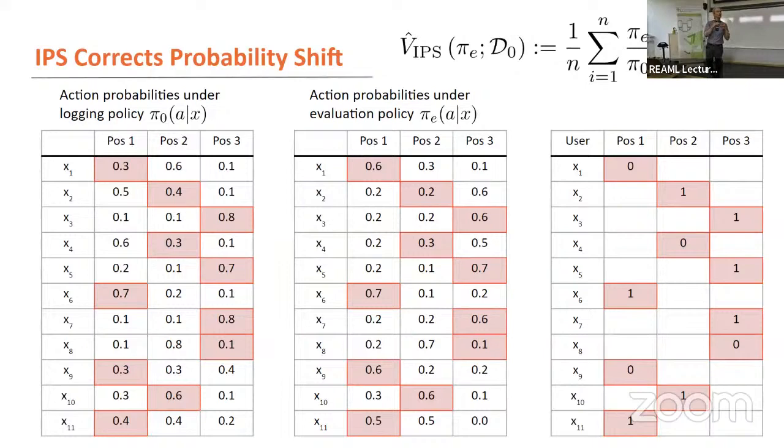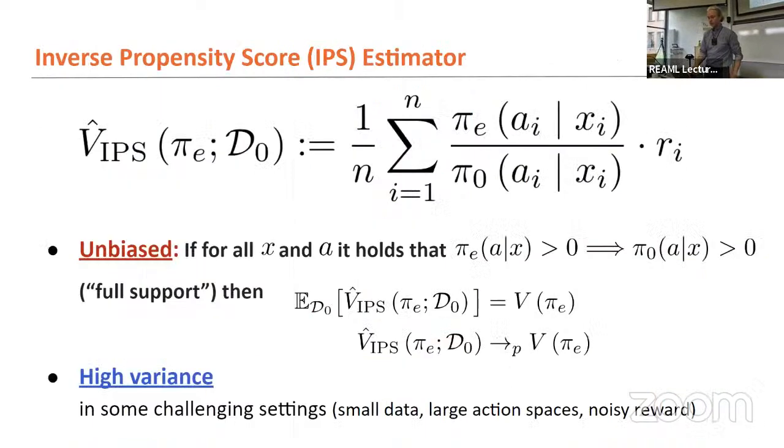Right? This way, we don't have any blind spots. Anything can happen. If we have zeros there, then we potentially get some bias, and there's more work that you need to do to account for these biases. But if we have this full support, that any action that's chosen under the target policy has non-zero probability under the logging policy, we are unbiased.